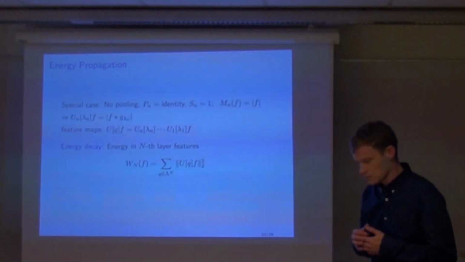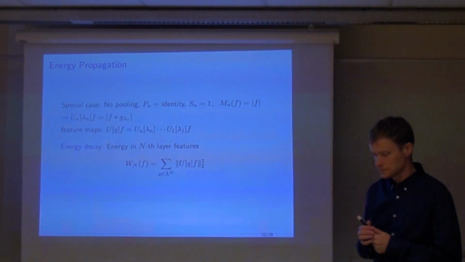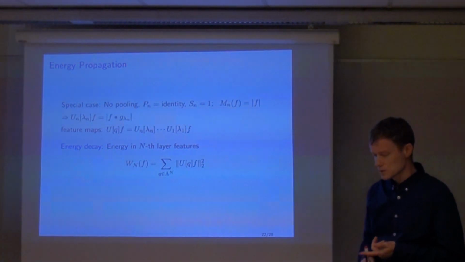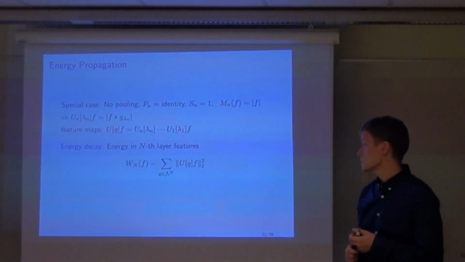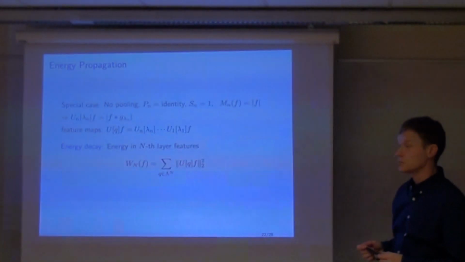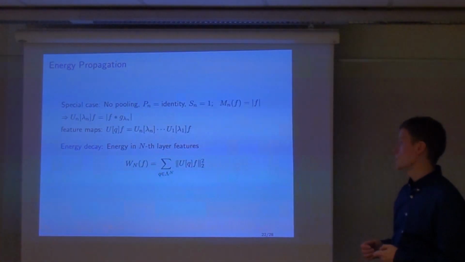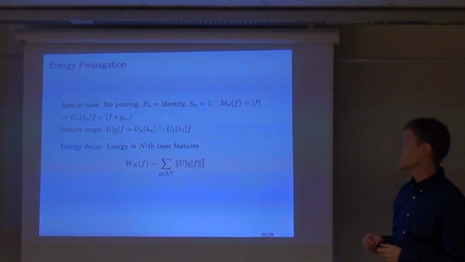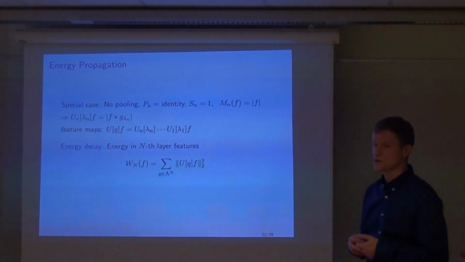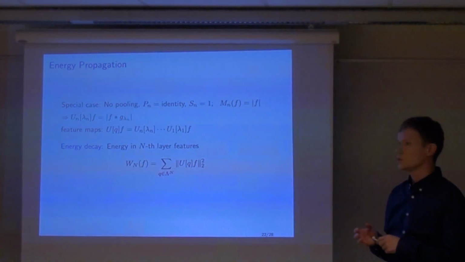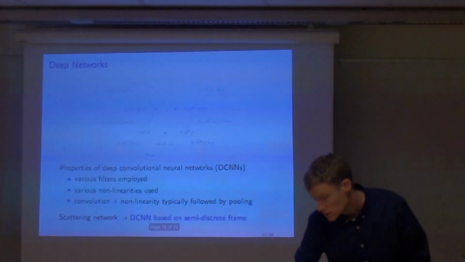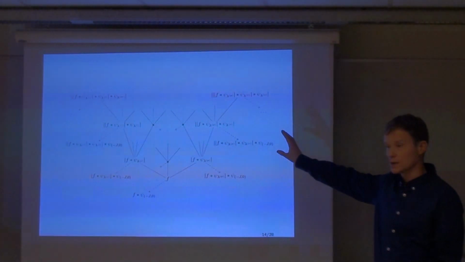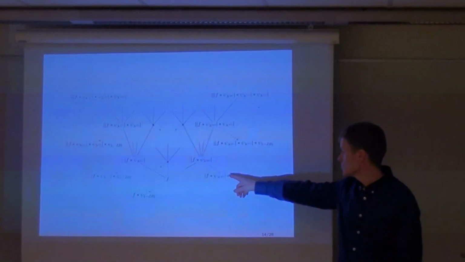Finally, we had translation invariance, deformation robustness, and now how about energy propagation in these networks? For energy propagation, they consider a special case, which is a little bit like going back to scattering networks. What am I talking about? First, you have the scattering networks from MLRG, where you did this modulus.